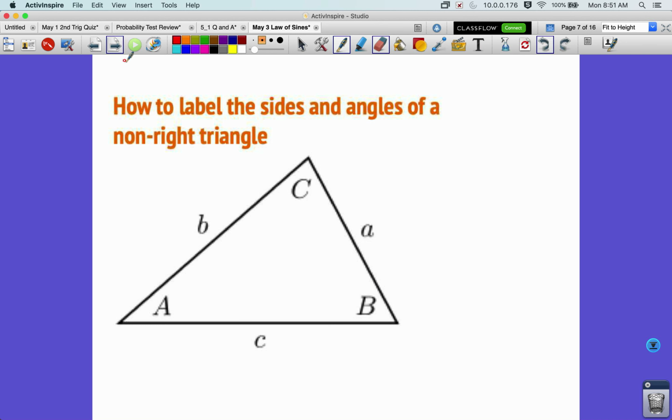Is there a better way? Well, first off, we need to know how to label the sides and angles of a non-right triangle. When you've got the right angle, then it's opposite, adjacent, and hypotenuse, but there's no right angle to base anything off of. So you just label it ABC. But here's the key. We use capitals for angles.